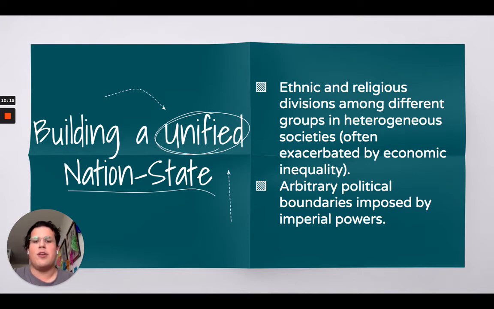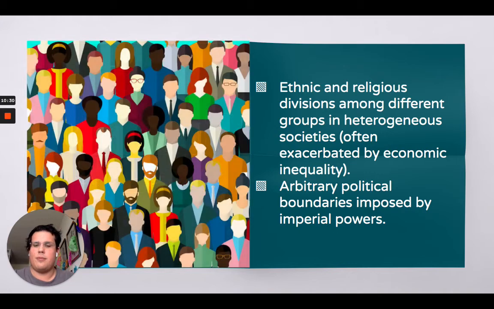So again, the challenges to build a unified nation state are going to be ethnic and religious divisions that are exacerbated by economic inequality and arbitrary political boundaries imposed by imperial powers. So just to remind you, it's going to be difficult to integrate a lot of different types of peoples into a given state.